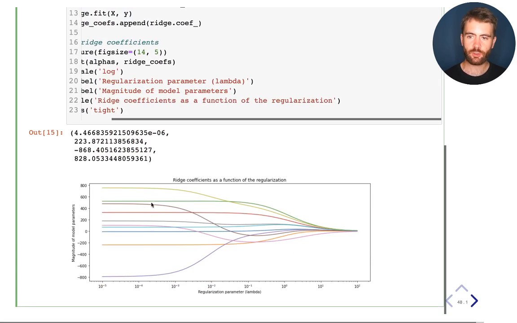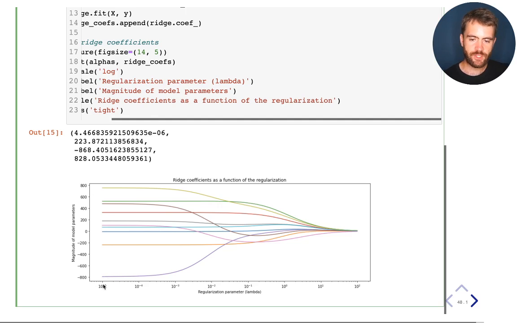Here we have 10 colored lines, and each of these lines corresponds to one of the 10 features that are in this data set. So we have a linear model with 10 features, and therefore 10 weights.